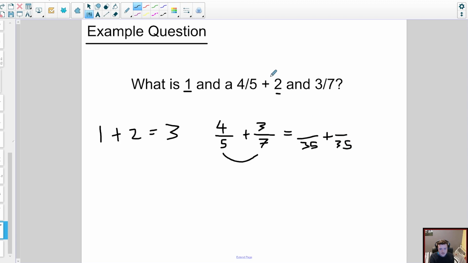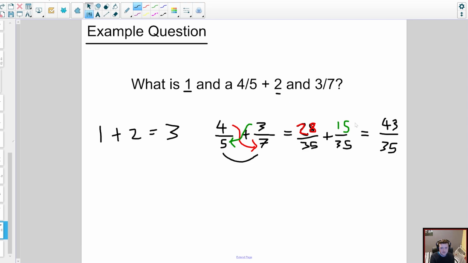Then 4 times 7 is 28. And 3 times 5 is 15. Should have written this in red, but it doesn't matter. You'll see what I mean. 28 add 15 is 43. So we end up with 43 out of 35.